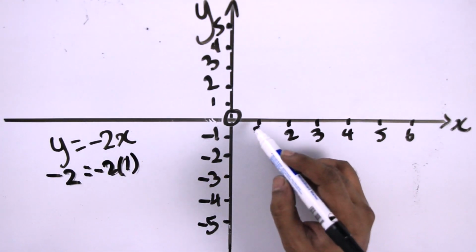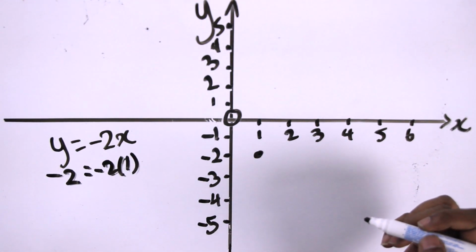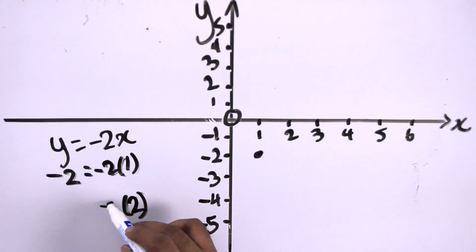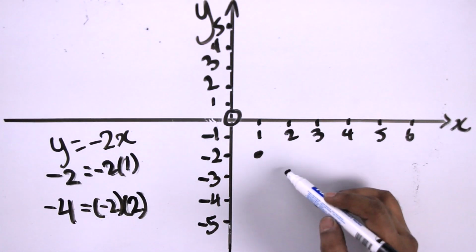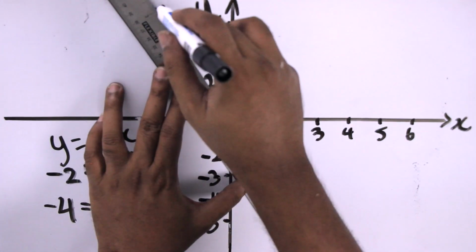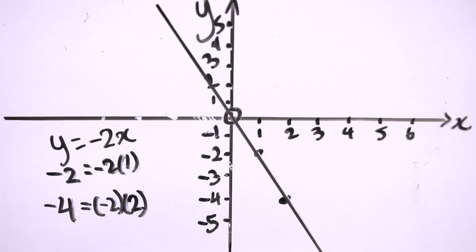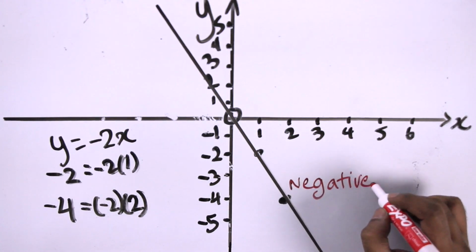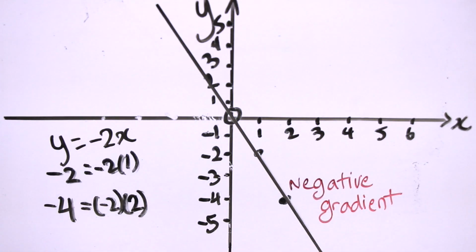And so we could now draw our line when x is 1, y is negative 2. And when x is 2, y is negative 4. Let's use that instead. And now we have a line with negative gradient. Notice how it's slanted in the other direction. This is what a negative gradient looks like.